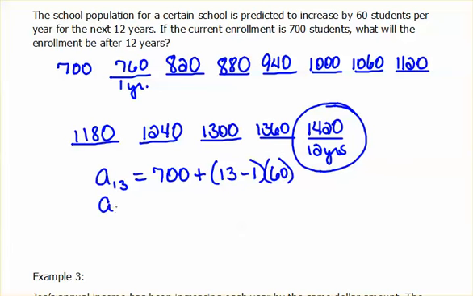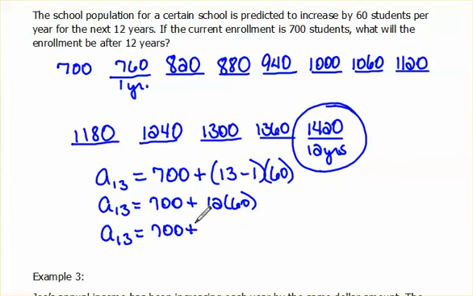And then if I were to solve that, I would say 700 plus 13 minus 1 would be 12 times 60. So a sub 13 would equal 700 plus, now 12 times 60, that would be 720. So whenever I add those together, I get 1,420.